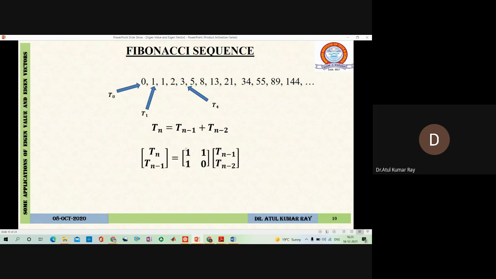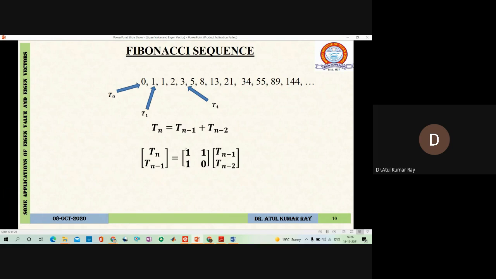So can I write it like this? Tn, Tn minus 1, and then I have made one relation transformation, 1 1 0 1, which I multiply with Tn minus 1, Tn minus 2.